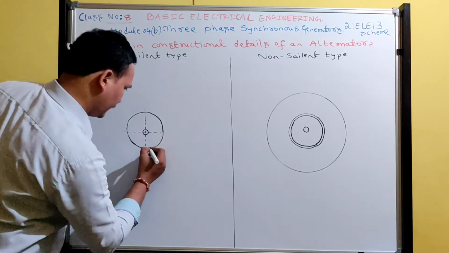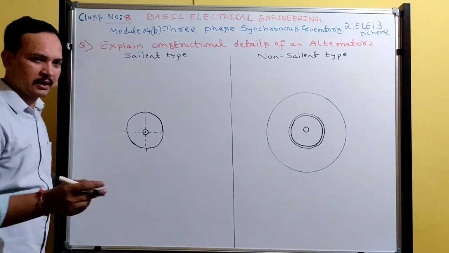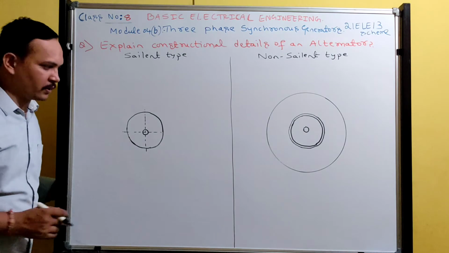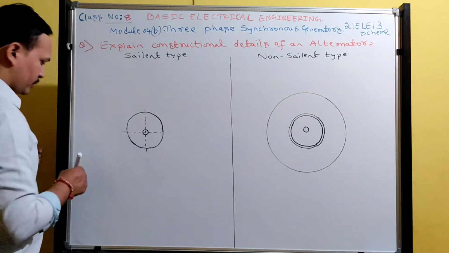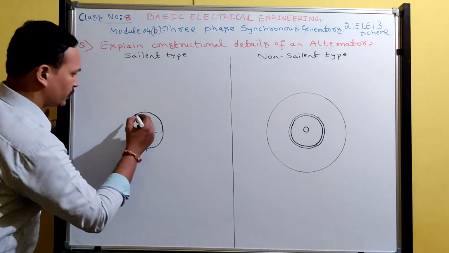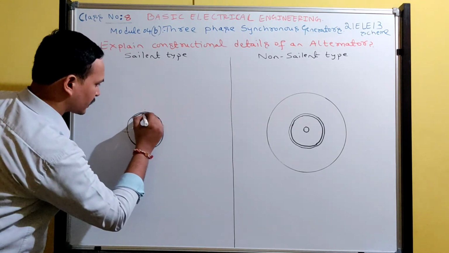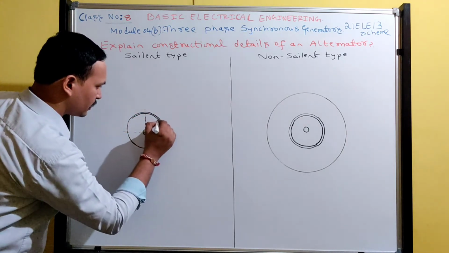You write neatly. My writing will look approximately good. You try to write better than me. Write a neat circle. Now I am going to write one more circle close to this outer circle.